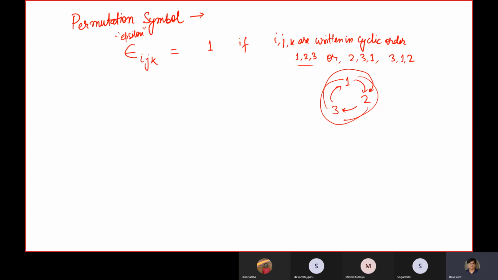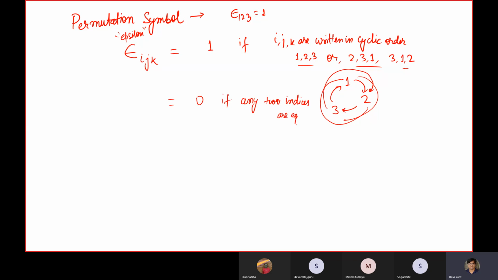Else it is 0 if any two indices are equal.